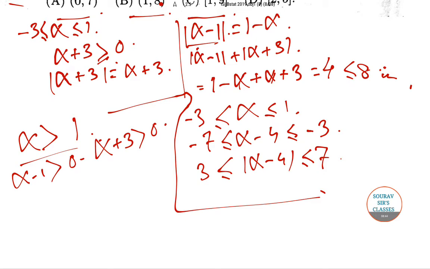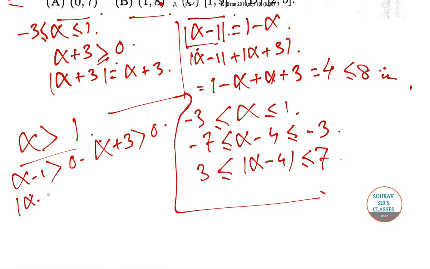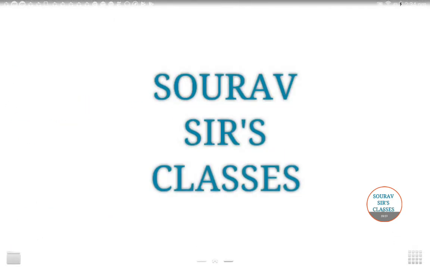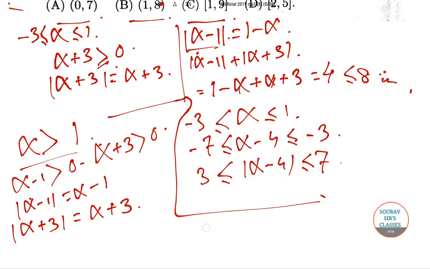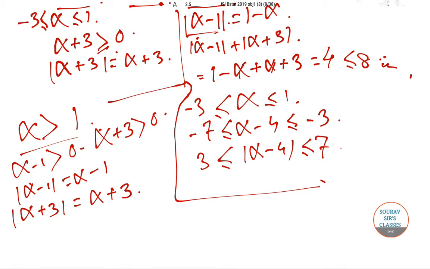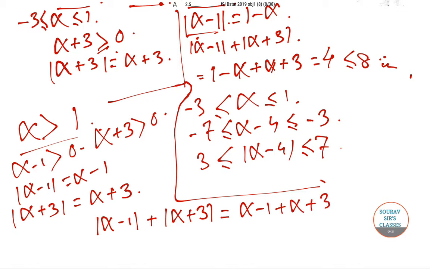So mod alpha minus 1 equal to alpha minus 1 and mod alpha plus 3 equal to alpha plus 3. Now this mod alpha minus 1 plus mod alpha plus 3 equal to alpha minus 1 plus alpha plus 3 equal to 2 alpha plus 2.